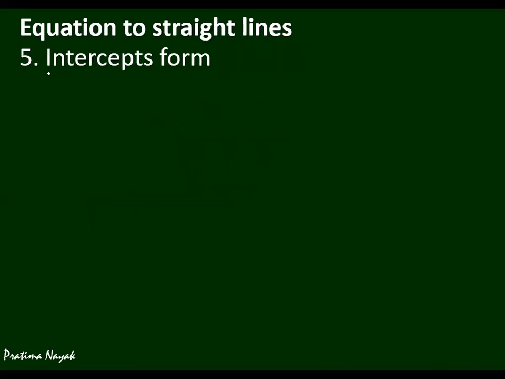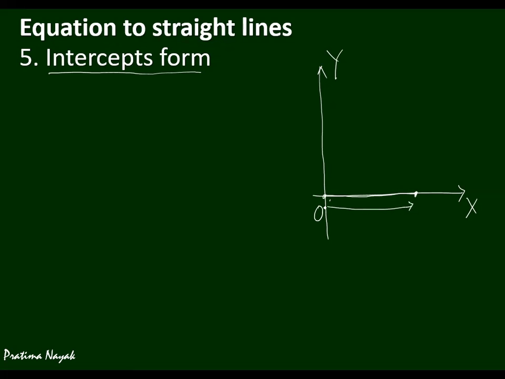Next is intercepts form. Intercept form means both the x-intercept and y-intercept are given. That means the line is passing through the x-axis at a distance a from the origin.